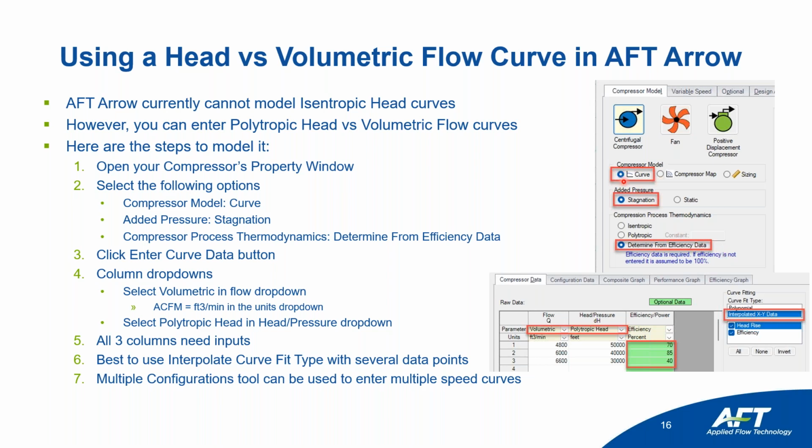Once you select those three, you just click the enter curve data button, and it takes you to your curve fit form. The important things to do here are in your flow drop down, make sure you're selecting volumetric for your inlet volumetric flow, and you select your flow units. You'll often see ACFM, which I'm sure you know is actual cubic feet per minute.